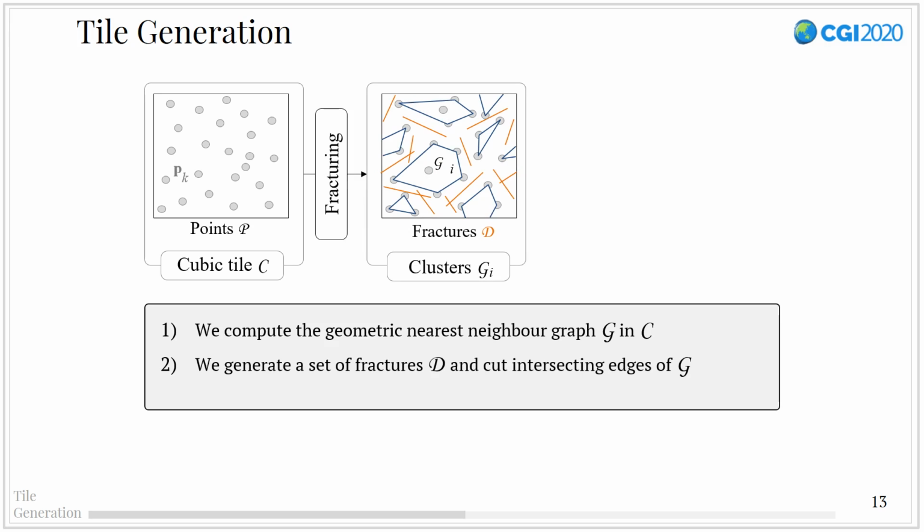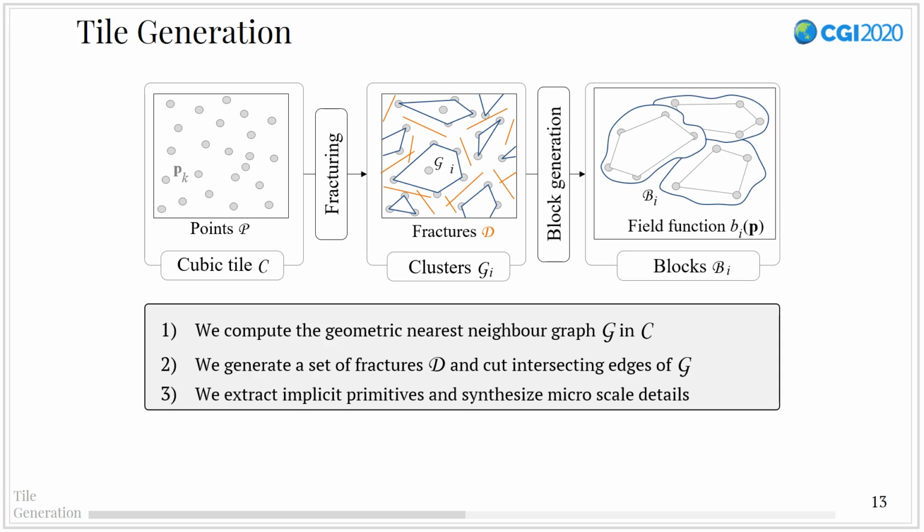This distribution can be of any type, polyhedral, equidimensional, etc. At the end of this step, we get clusters of points Gi, which are just subgraphs of the initial graph G. Finally, we extract implicit convex primitives and create a scalar function for each block in the tile. Note that only one step of the pipeline changes based on the type of block that we want to create.